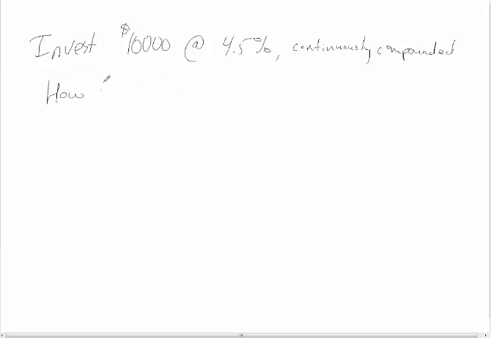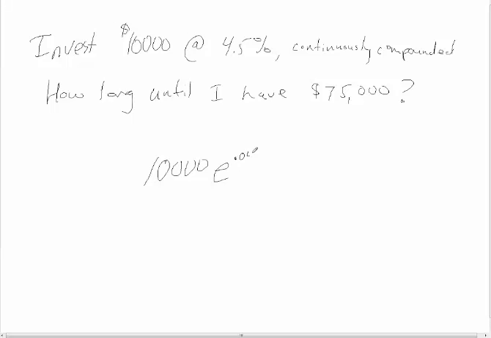How long until I have $75,000? So using our continuous compounded interest formula, we've got 10,000 e to the 0.045 t equals 75,000. That's the interest rate, and we're solving for t here.